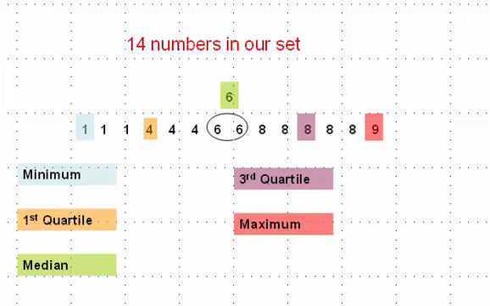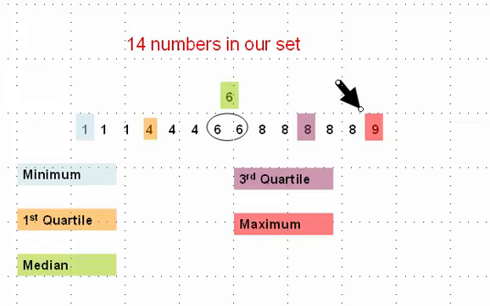Now what these numbers tell us is basically they give us an idea of where percentiles lie on our data set, where the smallest value is. That's the minimum value. They tell you where the biggest value is. That's the maximum value, right there.